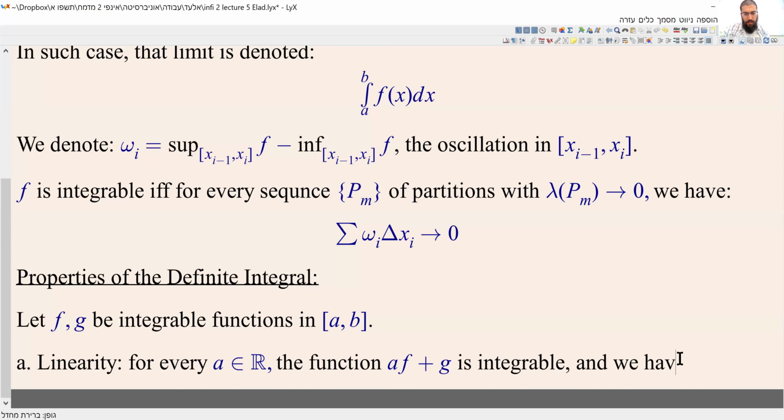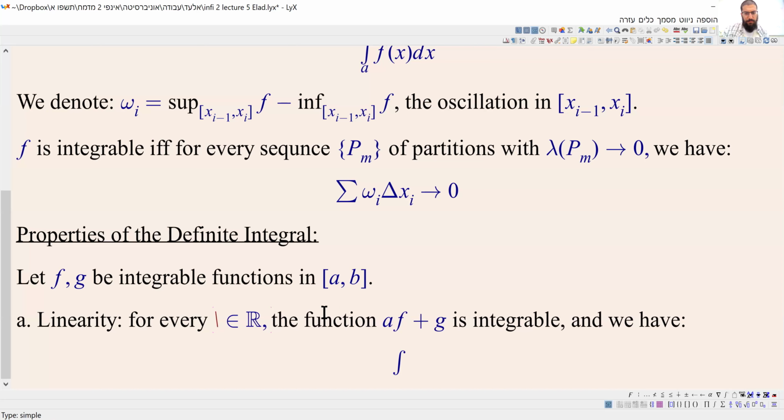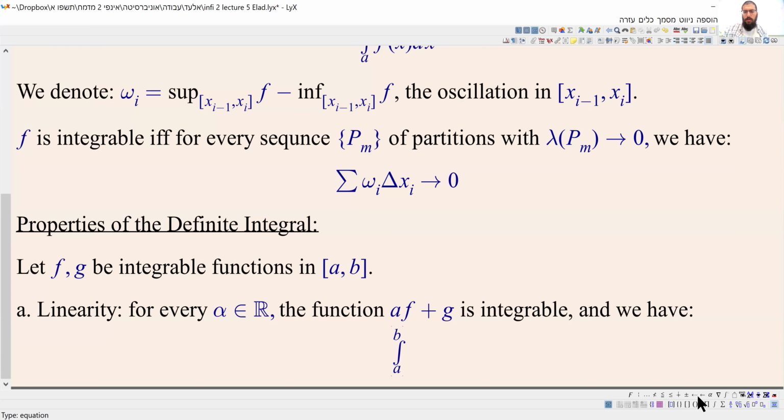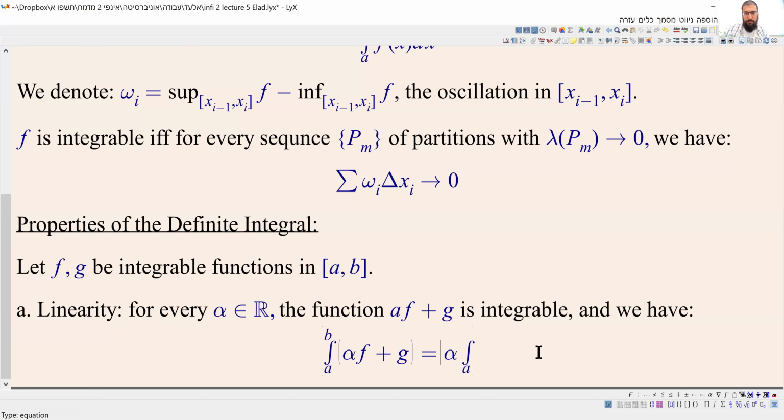And we have, let's say alpha, since I already used the other letter for the integral itself: the integral from A to B of the function alpha f plus g is, writing it without the dx, the integral of f multiplied by alpha plus the integral of g.